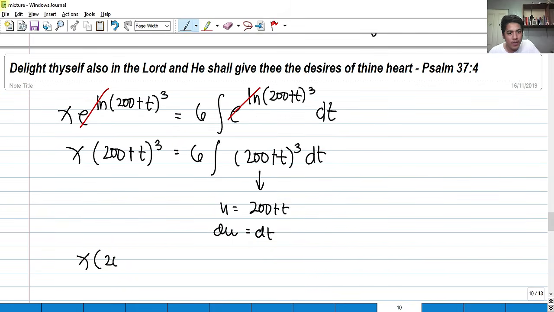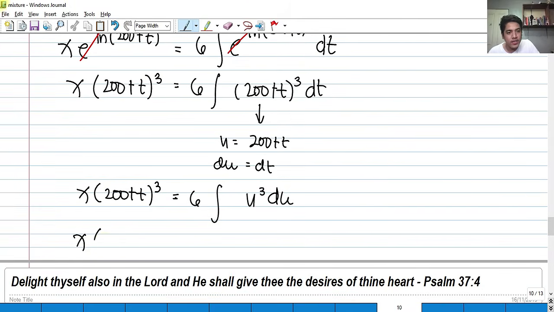x multiplied by (200 + t)^3 is equal to 6 times the integral of u^3 du. Okay? So, we know what will happen. x(200 + t)^3 is equal to 6 times u^4 over 4 plus c.